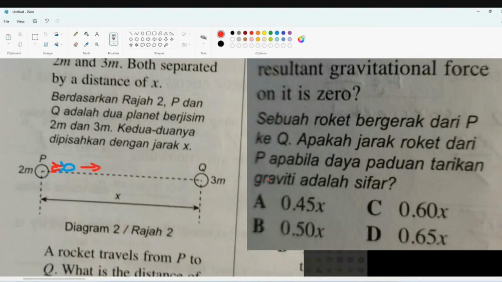I know how to solve this question, but I haven't tried to solve it yet, so why not try to solve it now? You want to know the position of this rocket so that the resultant gravitational force is 0.